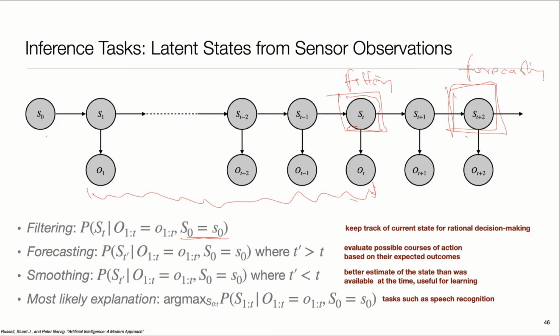So by that definition, even filtering is prediction of S of t. So I'm avoiding the term prediction to the extent possible here. But bear in mind that if you read the literature in many places, including the book I'm using as reference, instead of calling it forecasting, they call it prediction, but I want to avoid confusion with the other use of prediction.